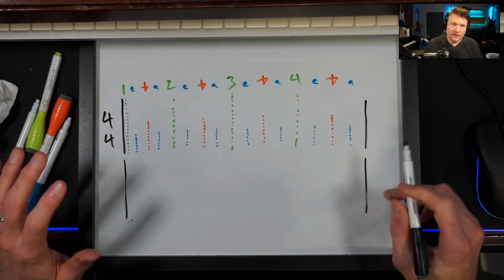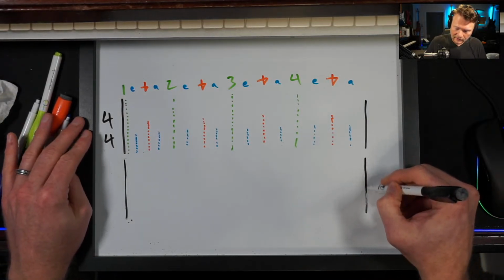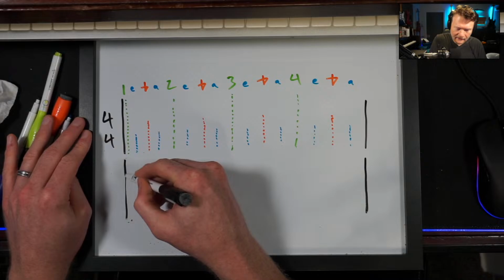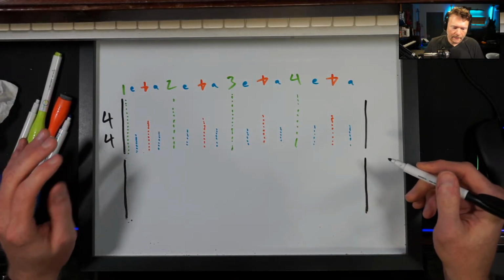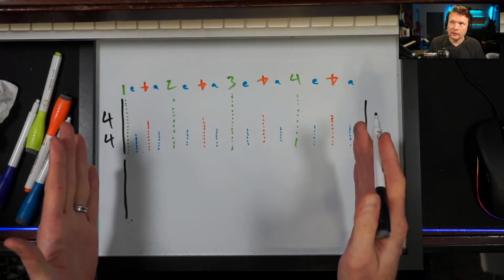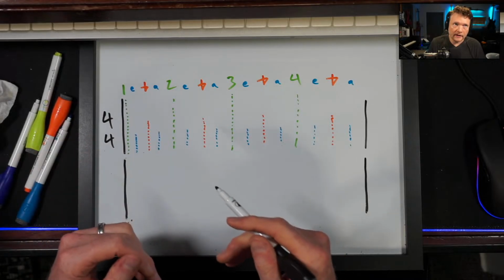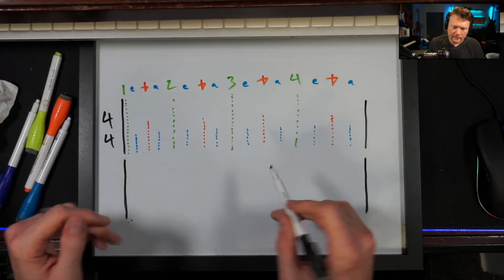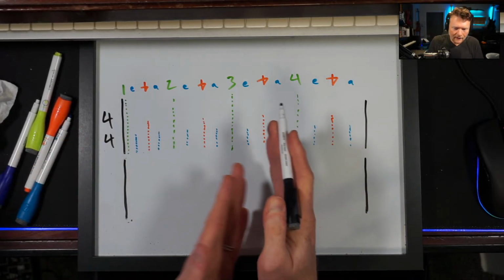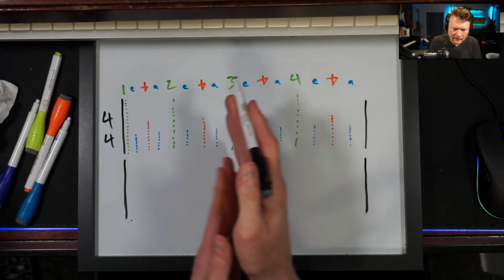There's nothing set in stone that says you have to count it that way. The easiest way that I know of is to count it this way, but you don't have to. But this is how typically in music people are going to refer to that. So they would say on the and of 2, or the a of 3, and you would know that it's on the last 16th note of that beat.